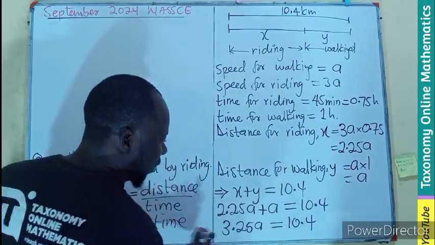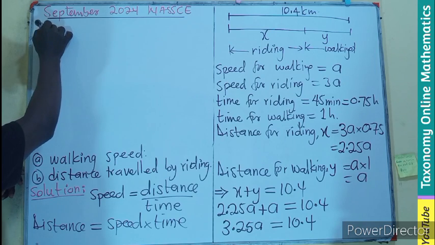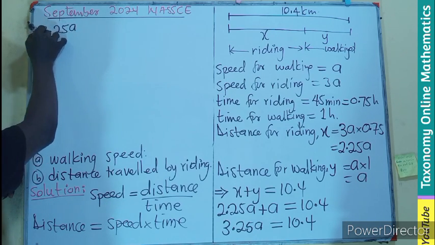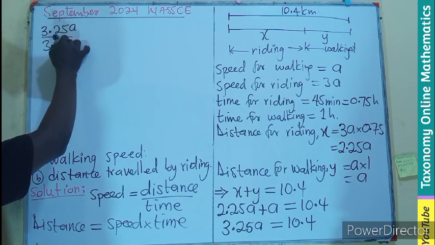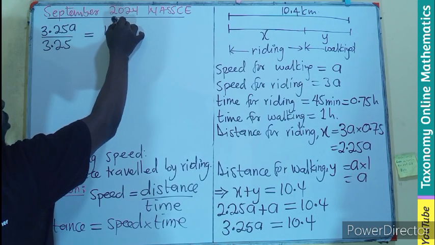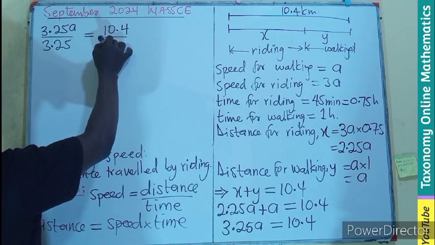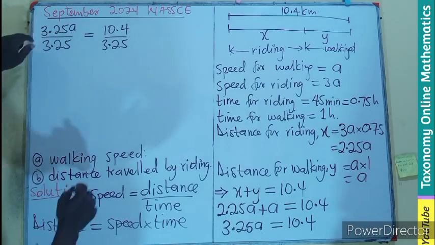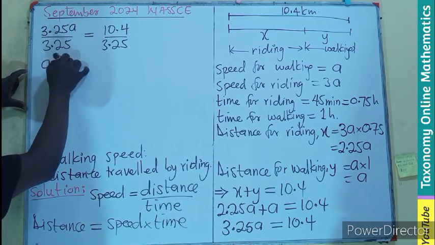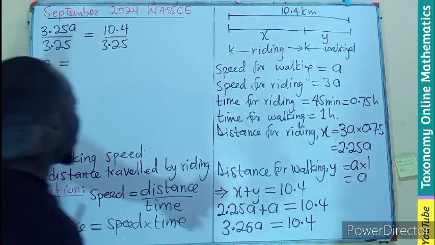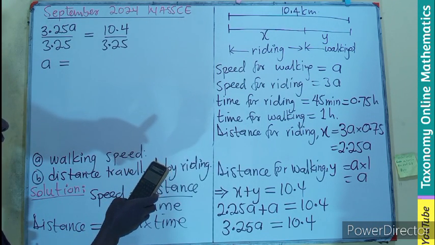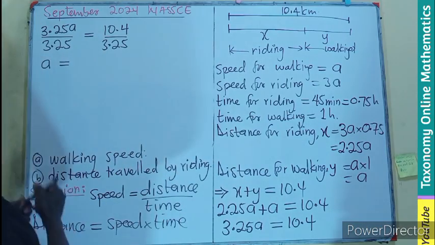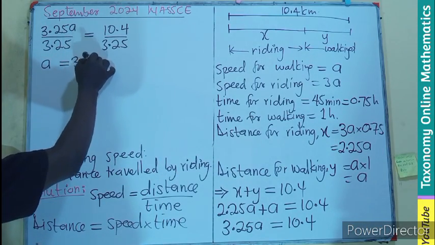So per that division, I'll be having 3.25A divided by 3.25 equals 10.4 divided by 3.25. Already this gives a cancellation, leaving only A. So A will be equal to, on our calculator, 10.4 divided by 3.25, which gives you 3.2.